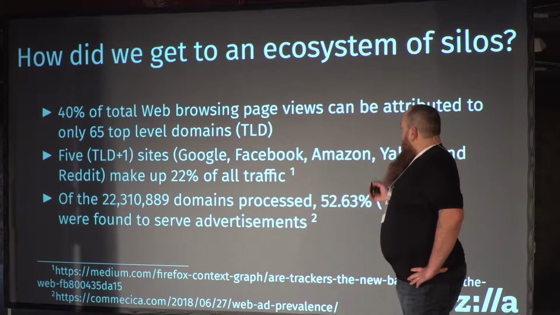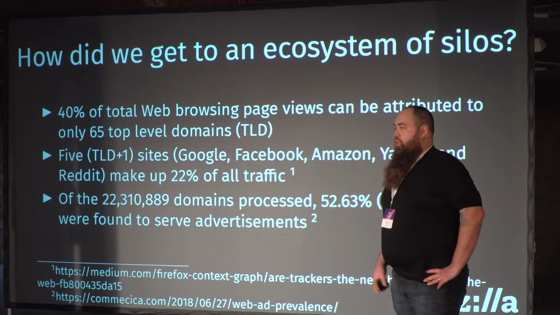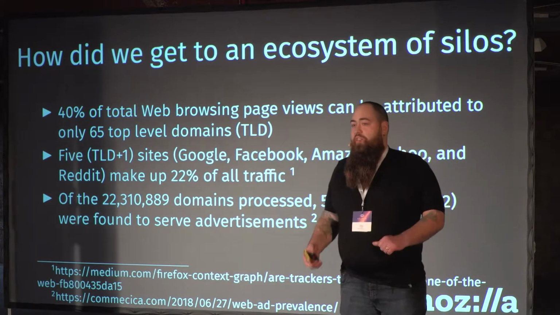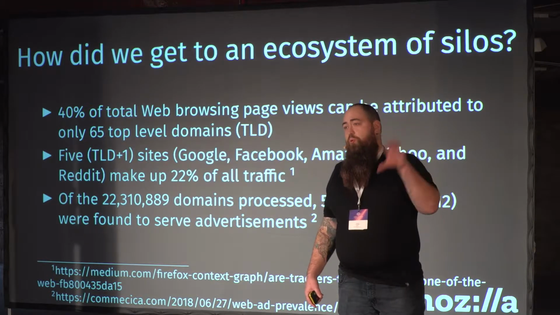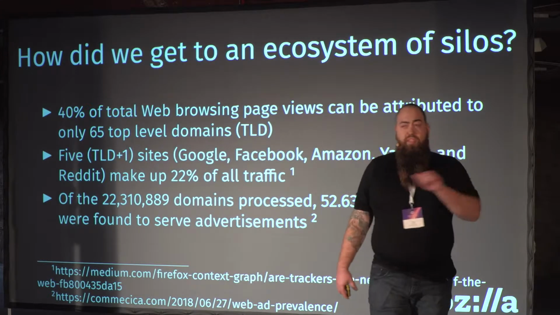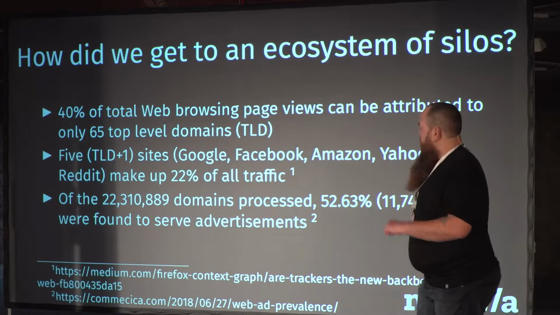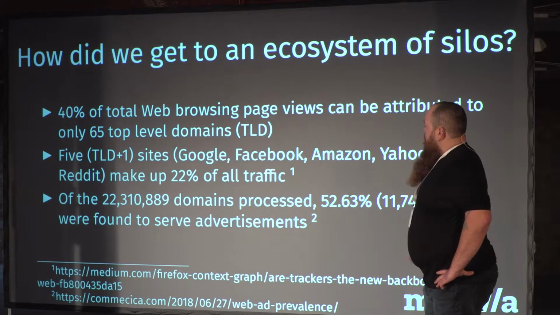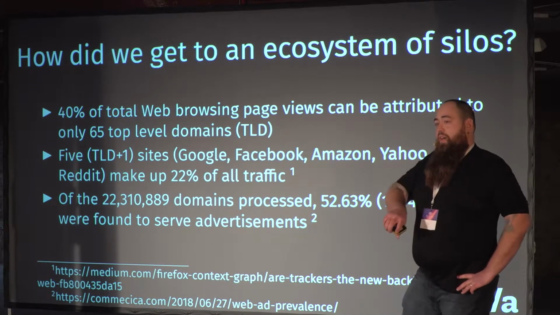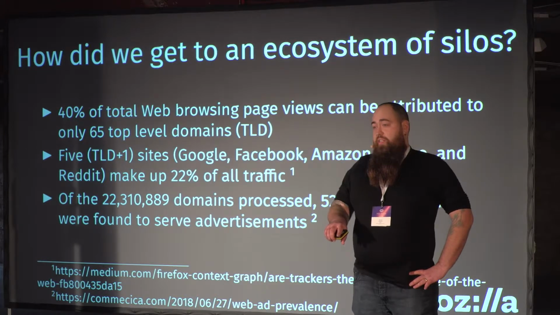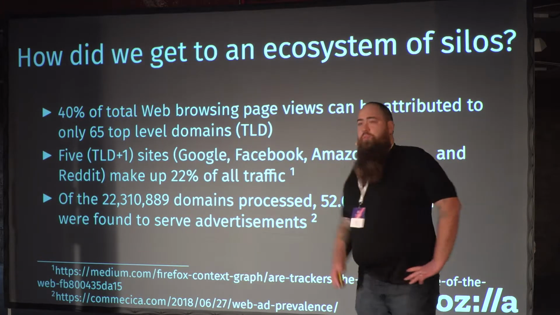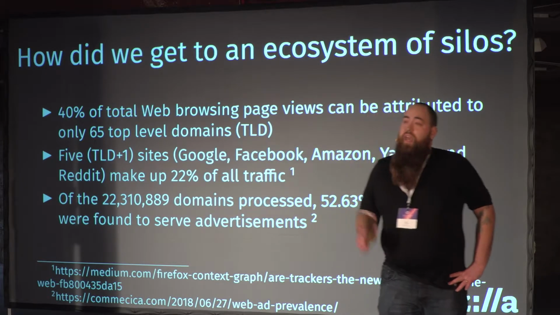They had used a sample of the Common Crawl data corpus and combined it with the EasyList block list, which is actually the rule set that powers ad blockers like AdBlock Plus, and I believe uBlock Origin, at least in part. And so they matched against 22 million plus domains and found that based on that EasyList, just over 52% of those pages were serving advertisements.